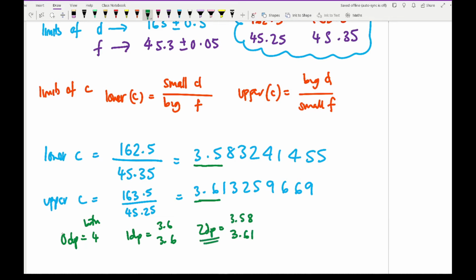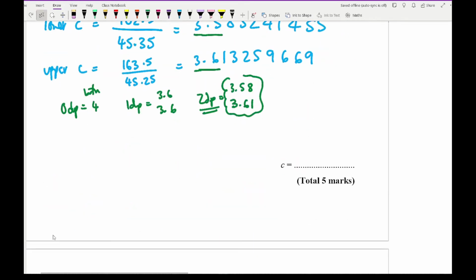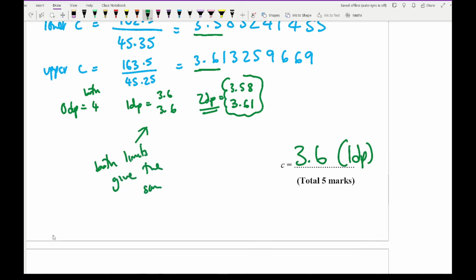So it's only to 2 decimal places that I actually get 2 different answers. So what I then need to do is give my answer as 3.6 to 1 decimal place, and the reason for that is because both limits give the same answer, and that will be your answer for question 8.